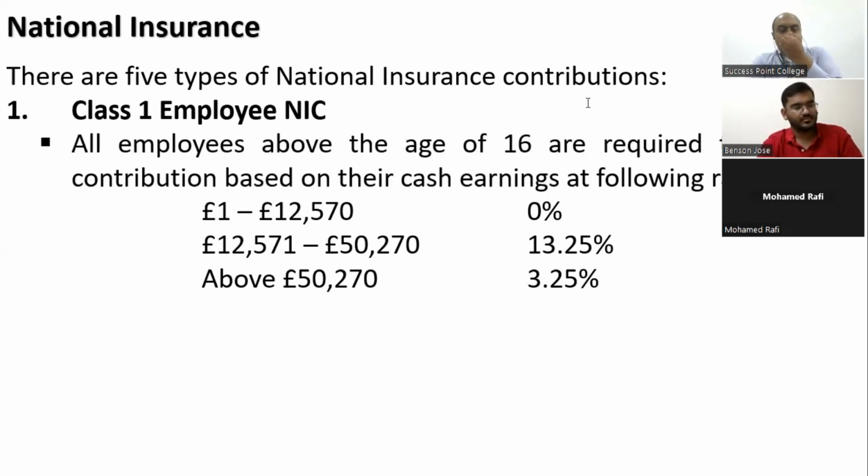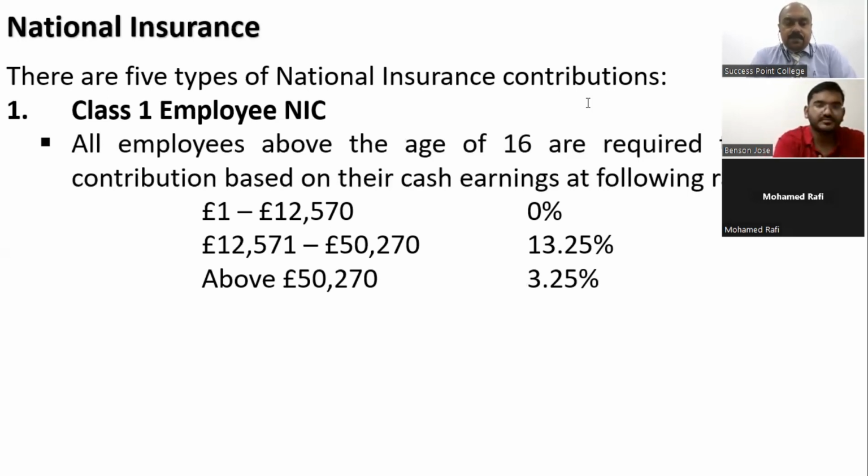This is NIC, National Insurance Contribution. This is something which the employee will pay, other than tax. This is another form of tax. Apart from income tax, the employee has to pay this amount as well into National Insurance Contribution.